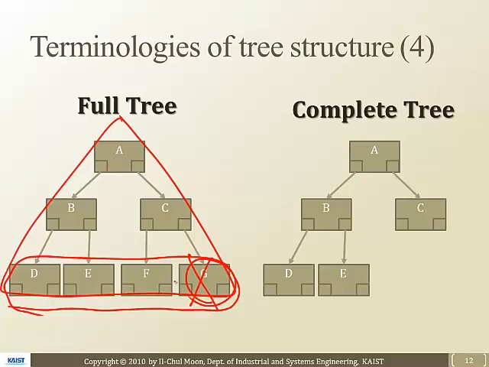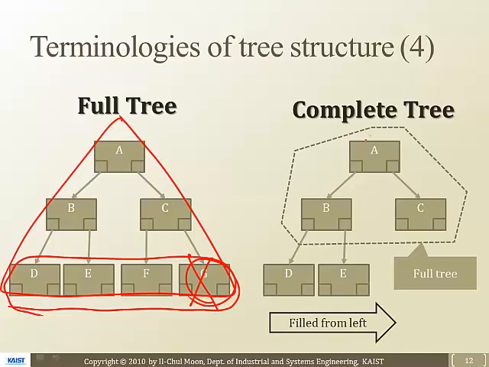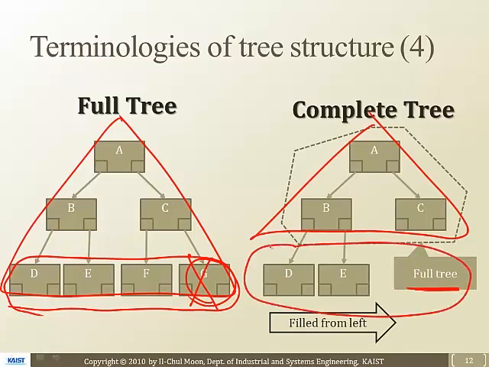And also, there is a term called complete tree. A complete tree shape is like this. Upper here, it should be a full tree. And after having a full tree, the last level is filled in from left to the right.